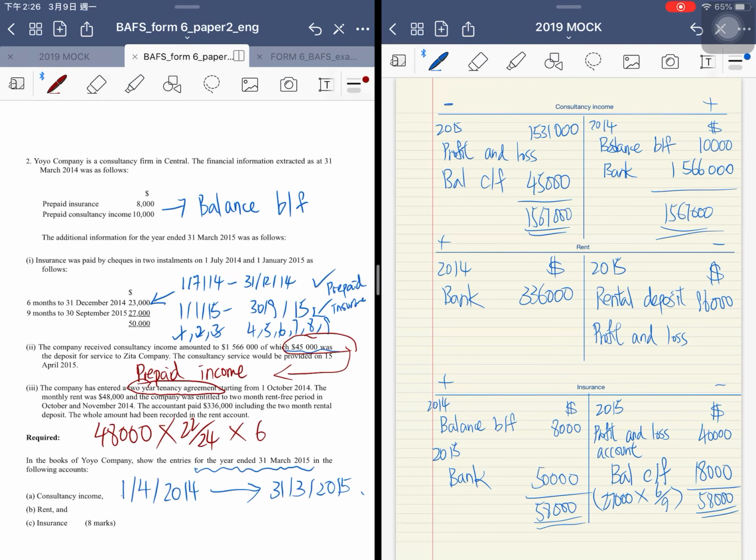And now we have included from October to March, so we have 6 months. And therefore, we get the profit and loss. And finally, we can find the balance carried forward.